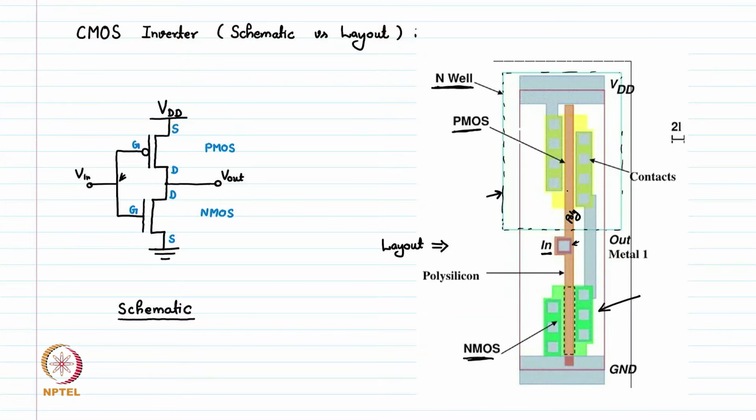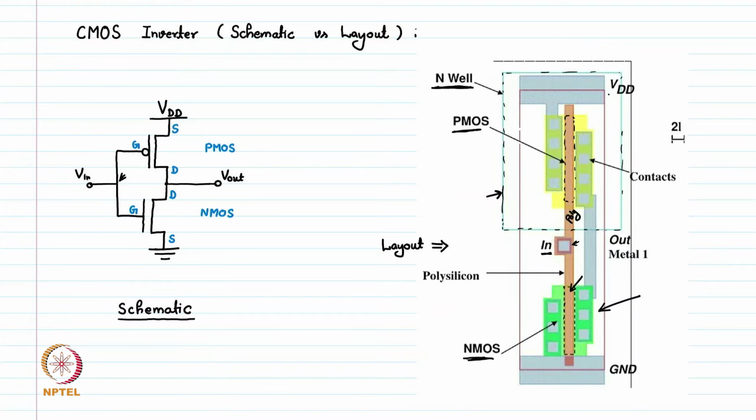So this poly acts as a gate. This region is the gate of the PMOS device, and this bottom region, this dotted region, is the gate of NMOS, and one side of this is source, connected to VDD.